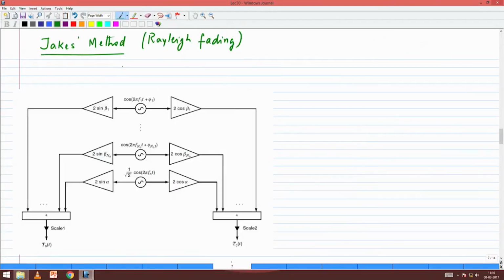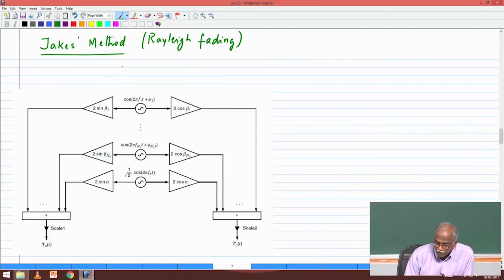So now let's go back and plug the oscillators into the system. Basically it's cosine 2 pi f1 t plus phi 1, and similarly all the N naught oscillators, and then the last one consists of an oscillator at the Doppler frequency. So call this ZR of t and this ZI of t. What I would like you to write down is an expression for ZR of t.